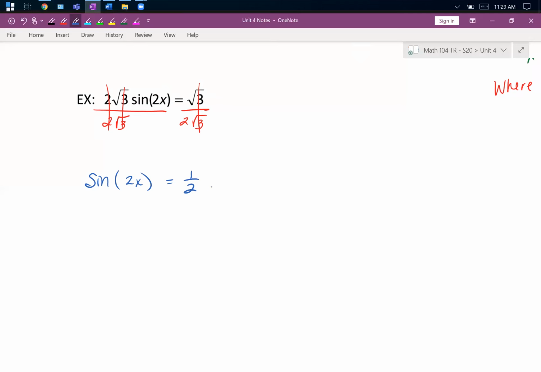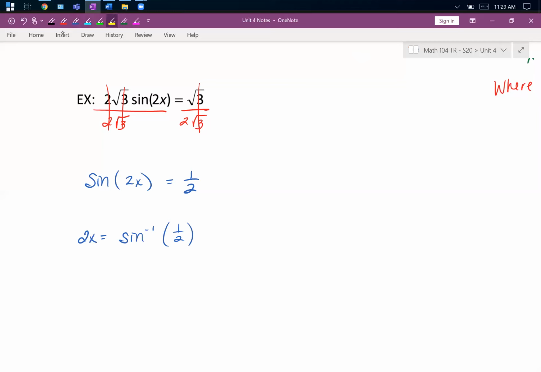Questions so far? Well, if sine of 2x equals 1/2, that means 2x is going to be equal to sine inverse of 1/2.